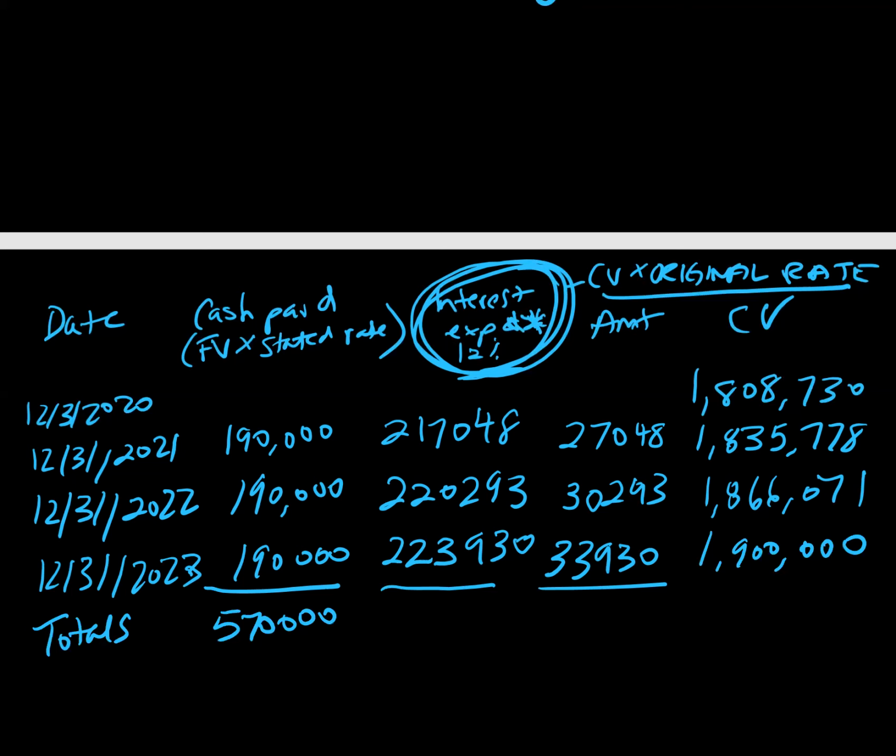The interest expense, which has been the carrying value each period times the 12% original rate on the debt, is 661,270, which is just the sum of those 3 numbers above. And the total discount that we've amortized is 91,270. And of course, we can see that we have the note on our statement of financial position at the 1.9 million at maturity of the note, which is exactly what we need.